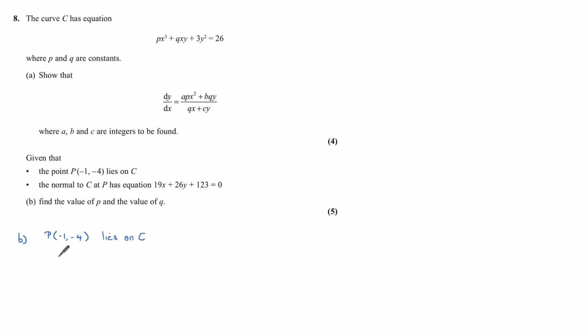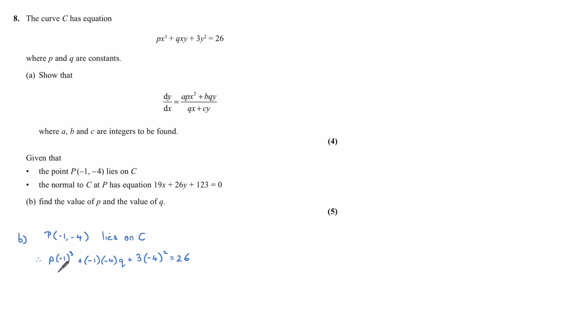So we've got our point P lying on the curve. Let's take our equation of the curve, px cubed plus qxy plus 3y squared, and put in our x and y coordinates for P, so minus 1, minus 4.